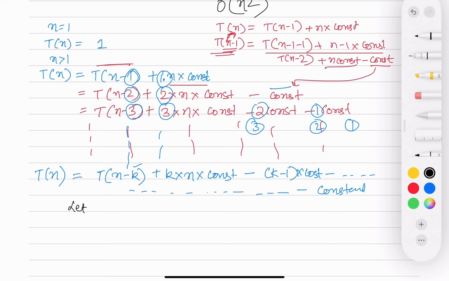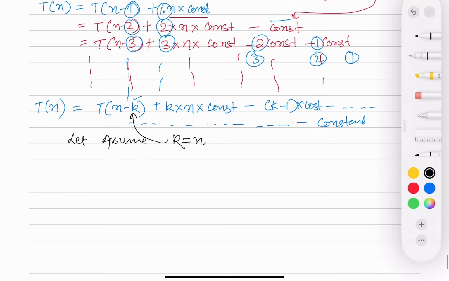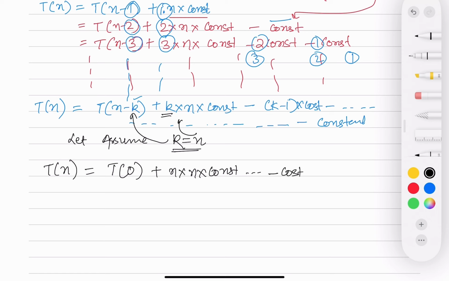Let's assume that k is equal to n and put it here. So what do you get? T of n is equal to T of n minus k. If you put n, you get T of 0 plus, instead of k, n into constant, n square into constant, and so on, minus constant.